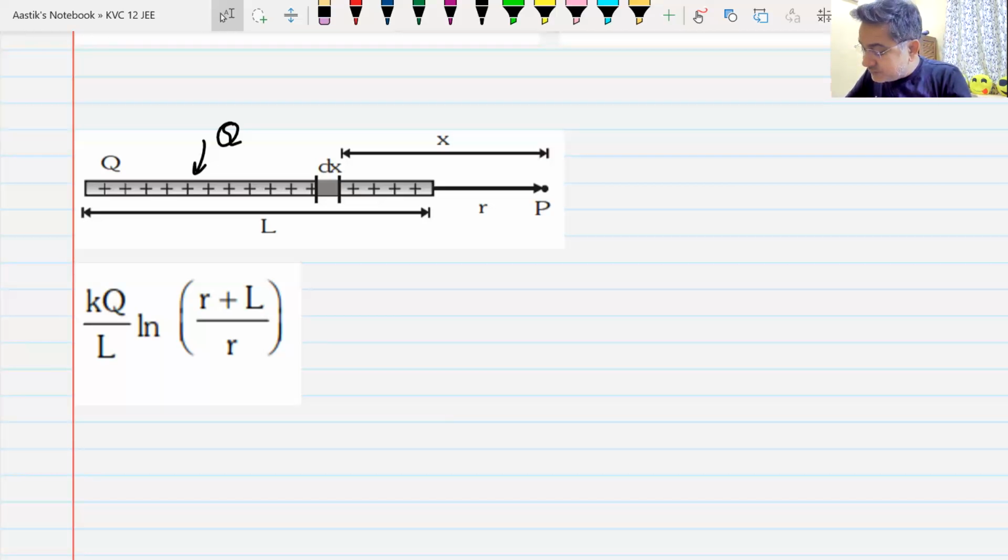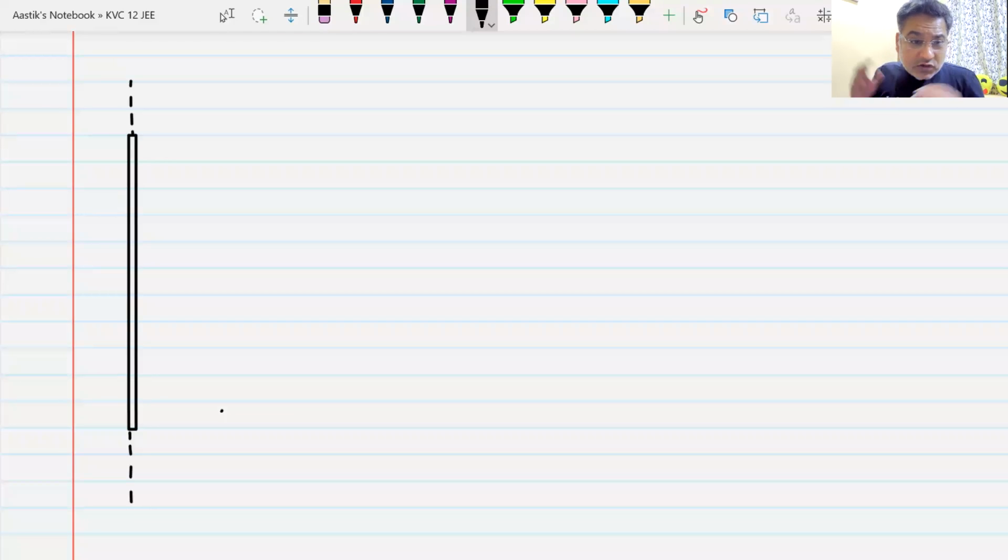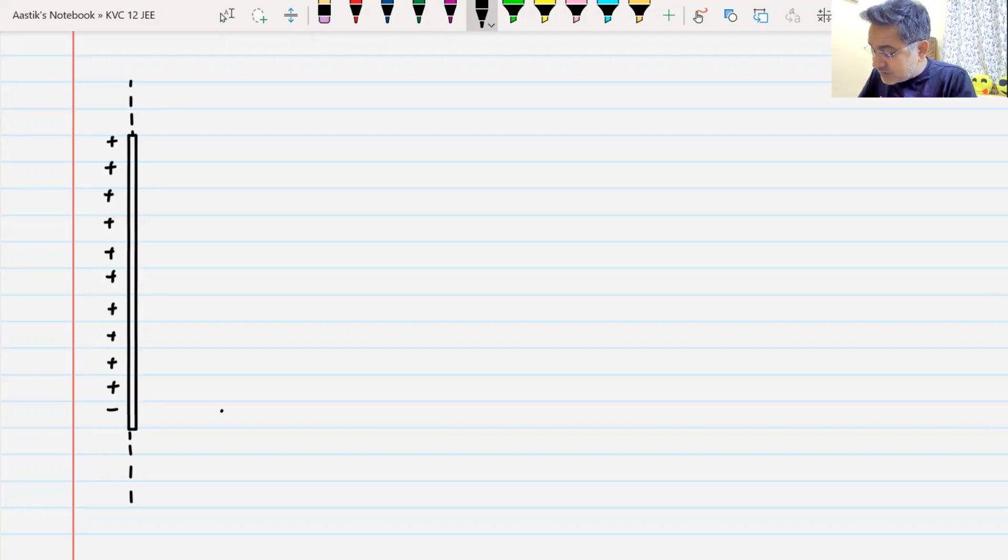Why is it not infinity? Because you have an infinite rod, an infinite line charge, and you cannot say which point will have zero potential because the charge is also going till infinity. Do we understand this? Yes or no? So in case of this infinite rod, I cannot find a point whose potential can be taken as zero.